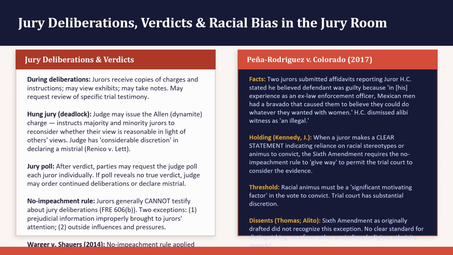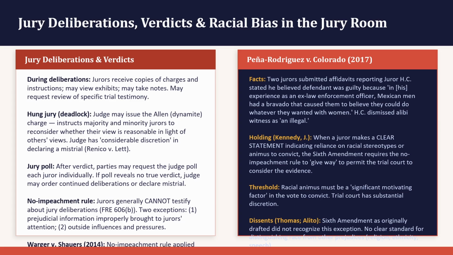If a jury is deadlocked, the judge may issue the Allen charge, also called the dynamite charge, instructing both majority and minority jurors to reconsider whether their view is reasonable in light of the disagreement. The judge has considerable discretion in deciding when to declare a mistrial for a hung jury, as the Supreme Court affirmed in Renico v. Lett.